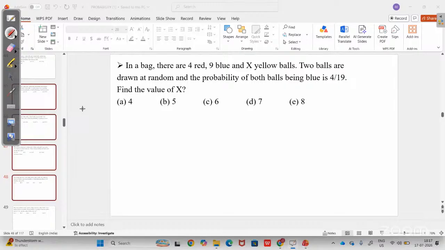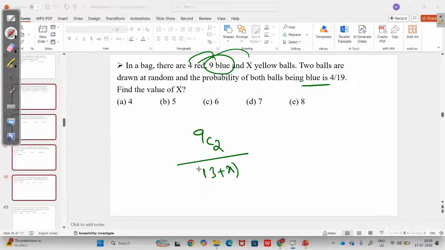What is the probability both of them are blue? How many blue balls do we have? Blue balls are 9. So that will be 9C2 divided by 4 plus 9, 13, 13 plus X C2, is equal to 4 out of 19. So what is the X value?